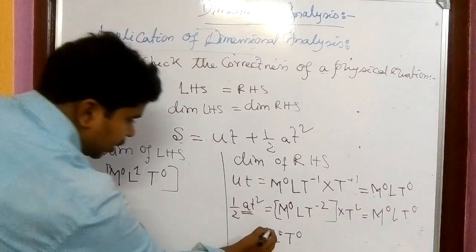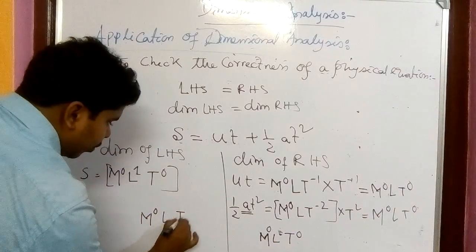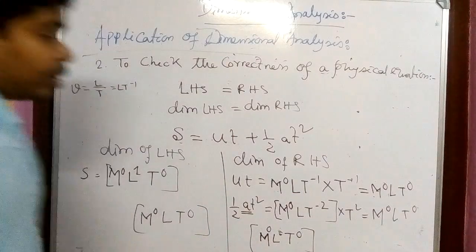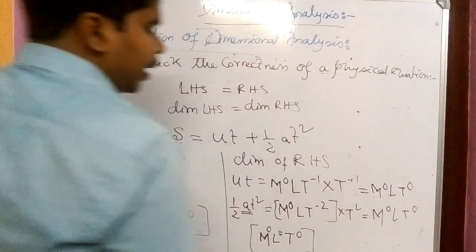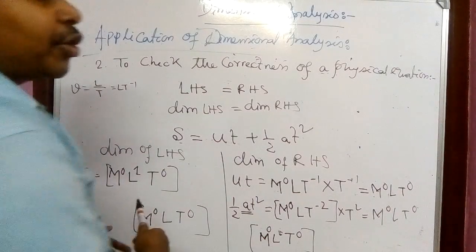And here also it is m to the power 0 L t to the power 0. In both sides you see the dimension is same. Now some problem you may have, that sir, this is L and this is L, when it is added it may be 2L. No, because here we are finding the dimension.